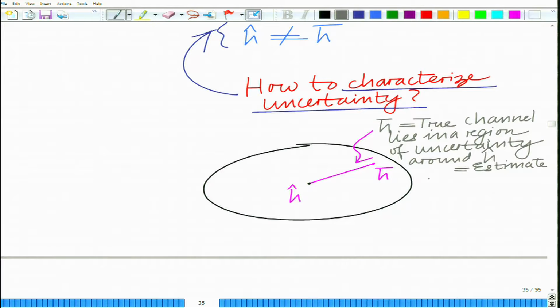This uncertainty region is typically modeled as an ellipsoid in n dimensions.